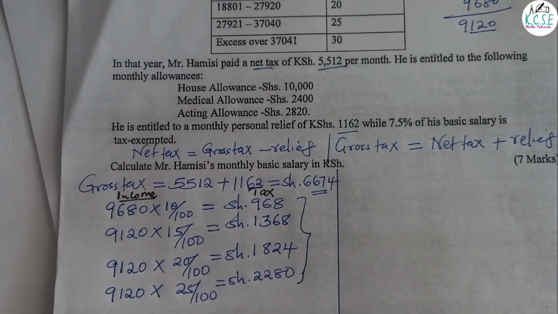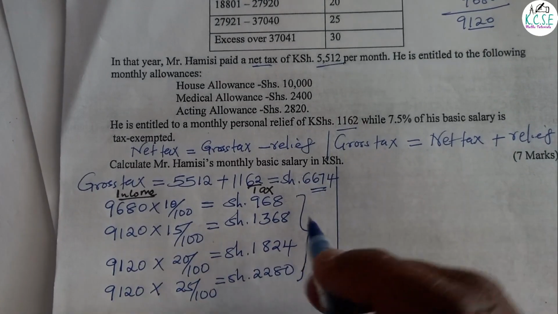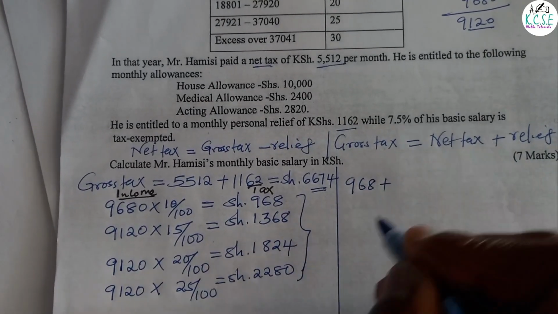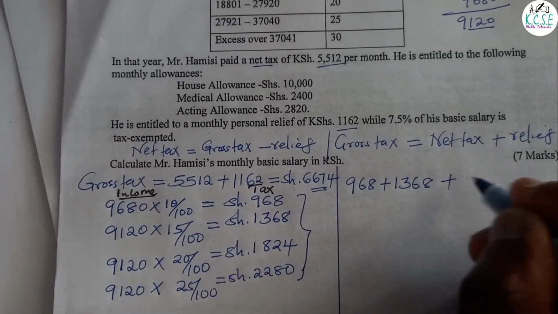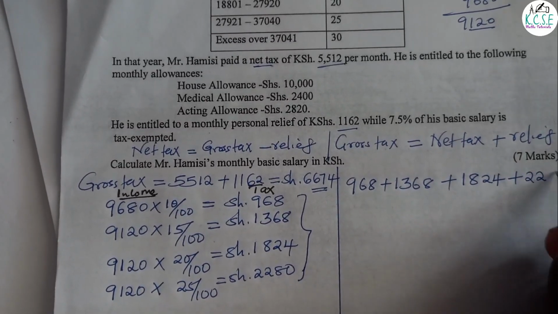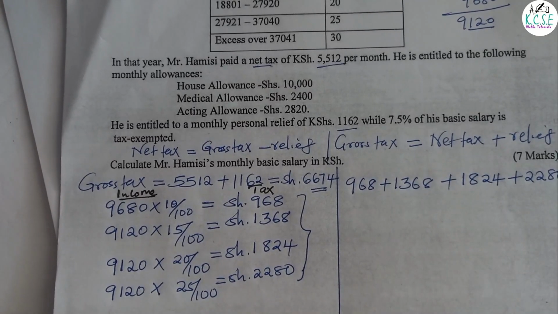Then the last one, I think we are remaining with the last slab, but first we can confirm. We can add everything that is here first. So let me add all the tax now: 968 plus 1368 plus 1824 plus 2280. I want to see how far that has gone.